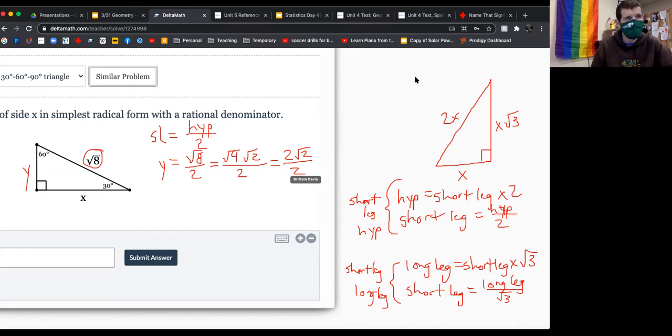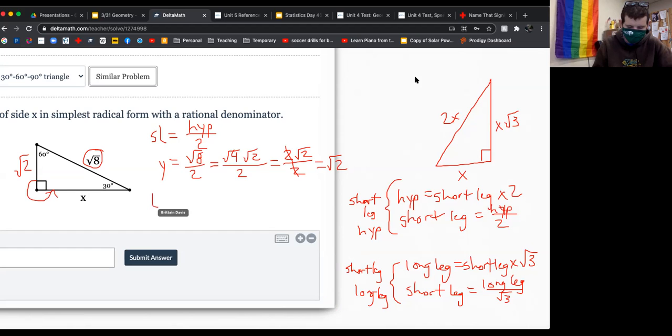And this is where, using our algebra skills, we should know that if I have these 2's right here, I can just cancel them out. So our short leg, after that math, is going to be square root of 2 in length. That's not my final answer. I actually want to solve for the long leg. So I come over to these equations right here, and I pick out the last one.